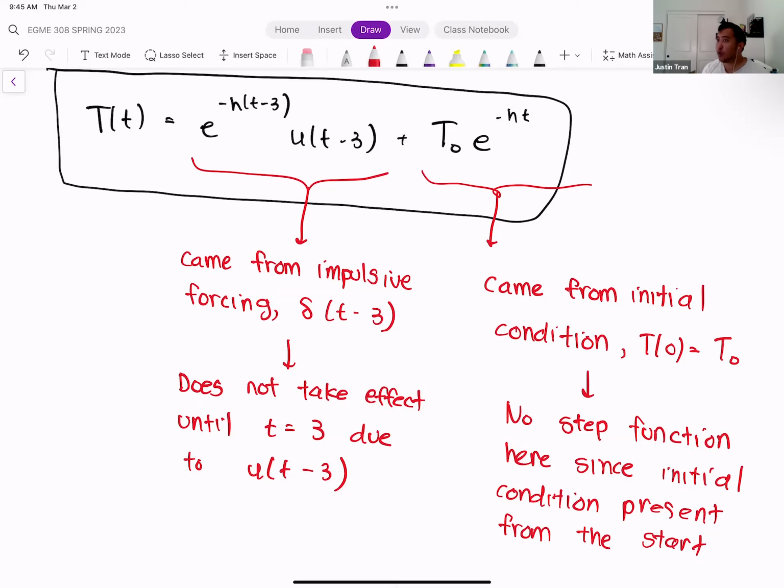Now with step and impulse functions, we can provide forcings that occur at discrete times, either very quickly, or something we can turn on or off. That utility is very key, because there are a lot of engineering situations that fall into that category.